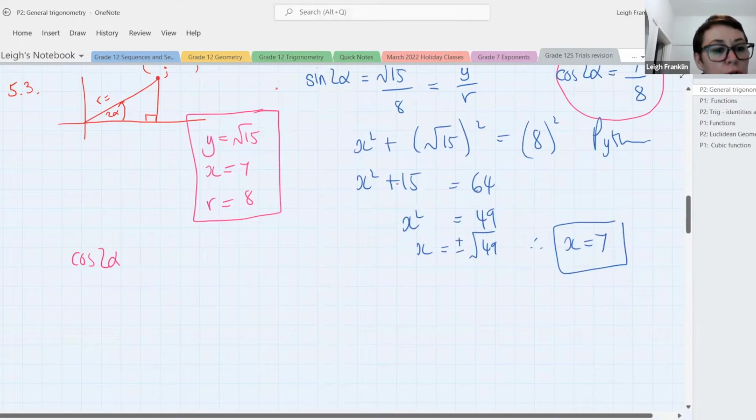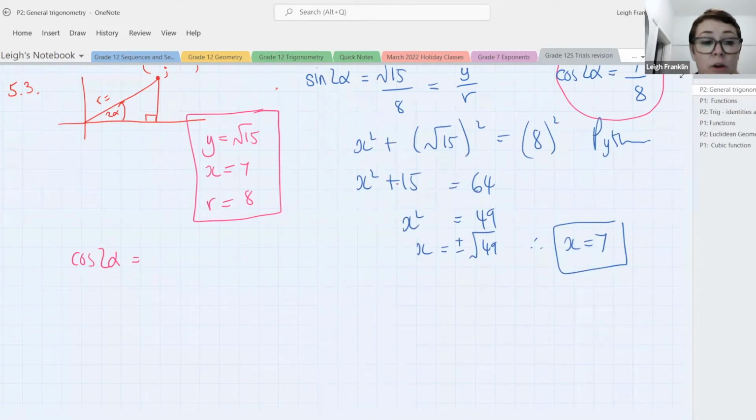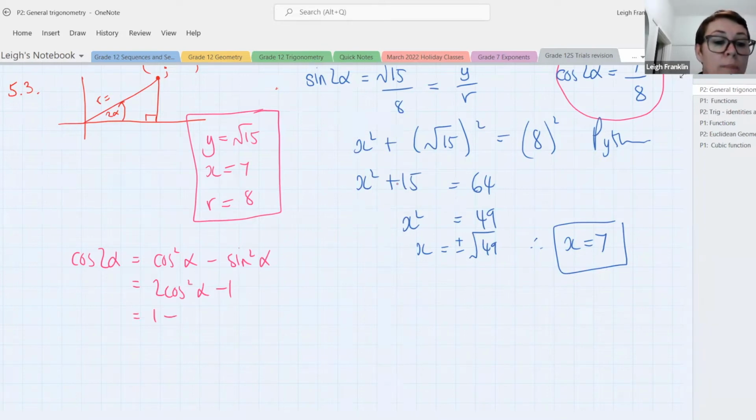Cos 2 alpha, there's 3 things that it could equal. Either it's cos squared alpha minus sine squared alpha, or it's 2 cos squared alpha minus 1, or it's 1 minus 2 sine squared alpha.